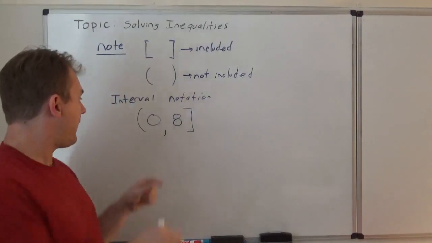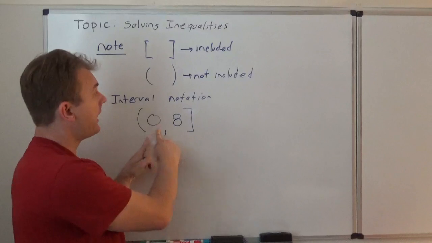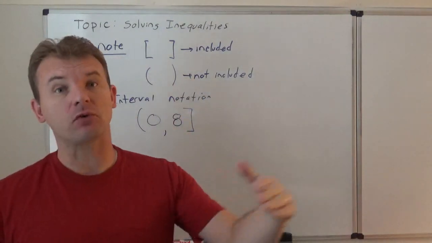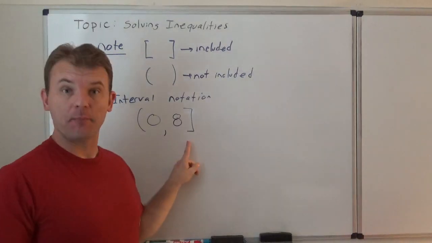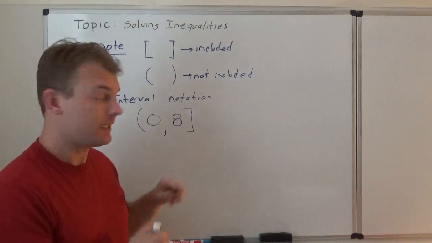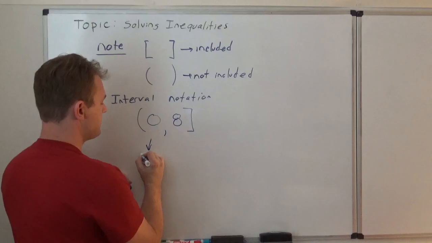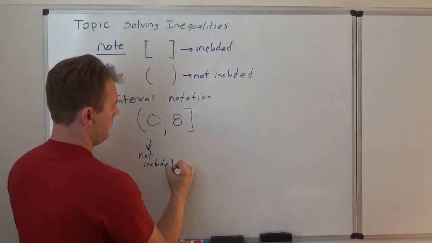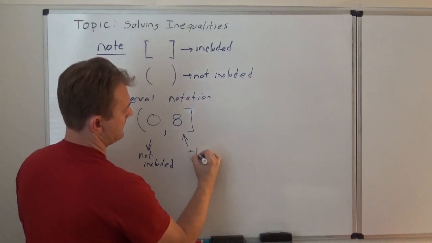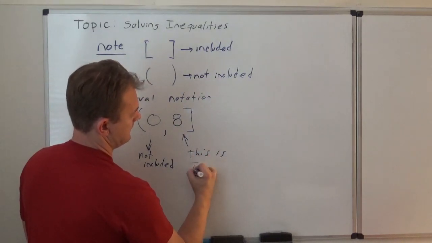That means between 0, which is not included, I can't have something equal 0 because it's not going to work, but I can have something equal to 8. So this is not included, and this is included.